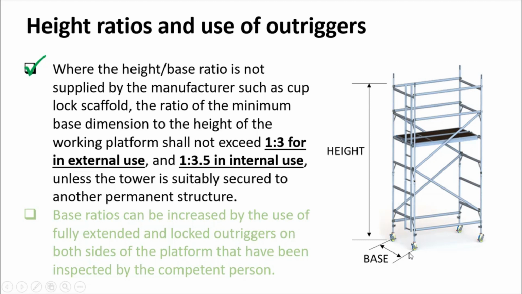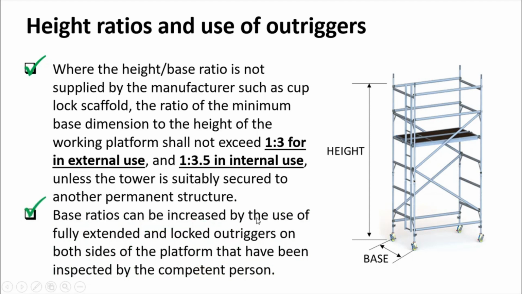Remember, the base dimension should always be the lowest dimension of the base. So you need to check the height to base ratio to see if it complies with 1:3 for external use or 1:3.5 for internal use. Unless the structure is connected to other permanent structures, then you don't need to compute that height to base ratio.